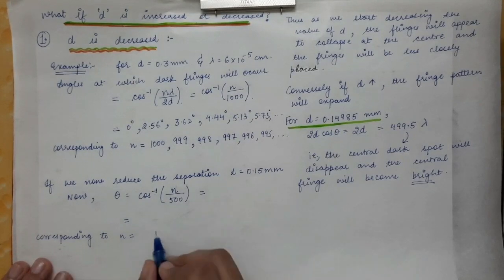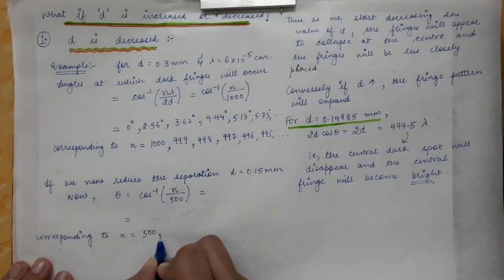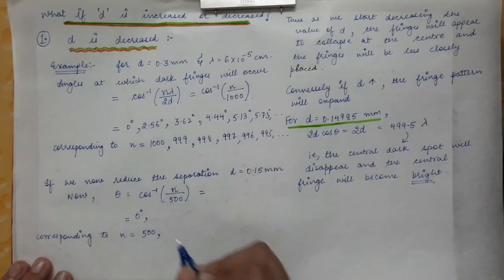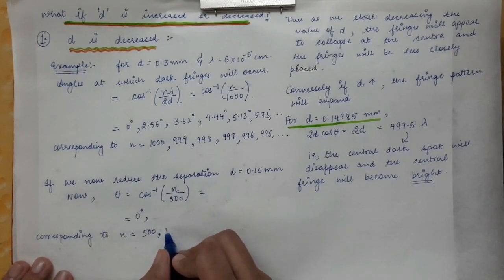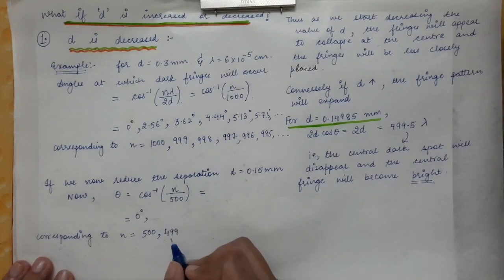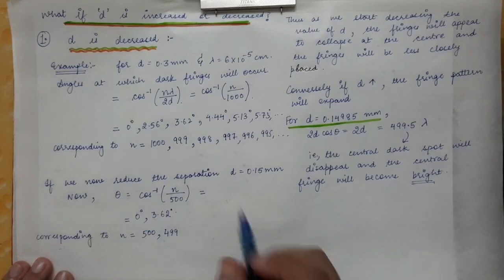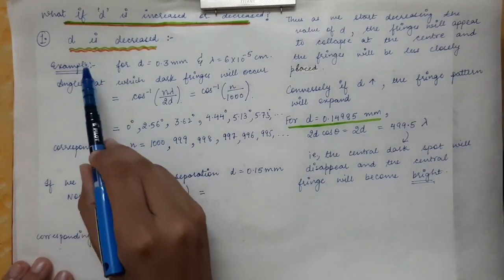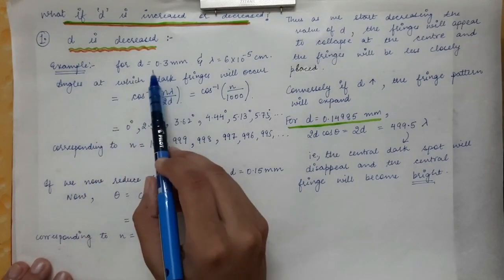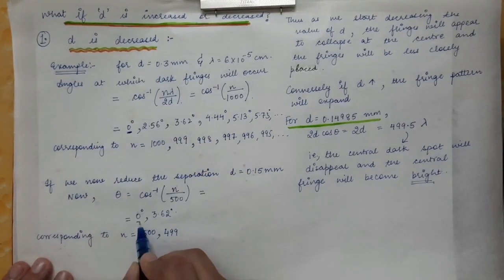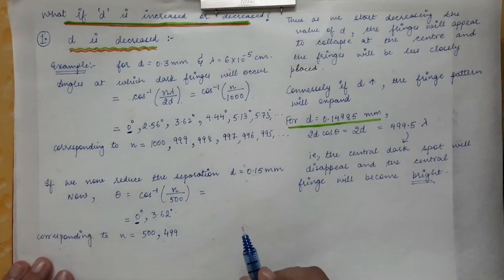First of all, for n equal to 500, theta will be equal to 0 degrees. Then when you put n equal to 499, theta will be equal to 3.62 degrees. So in the first case, when d was 0.3 millimeter, there was 0 degrees, and here also we have the 0 degree fringe.